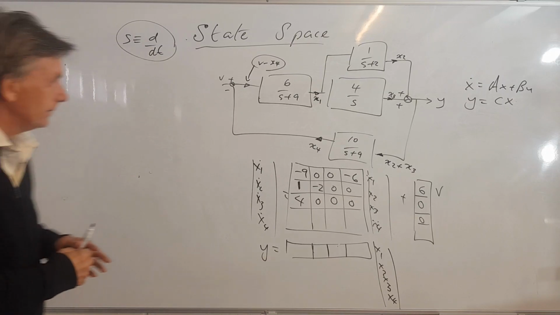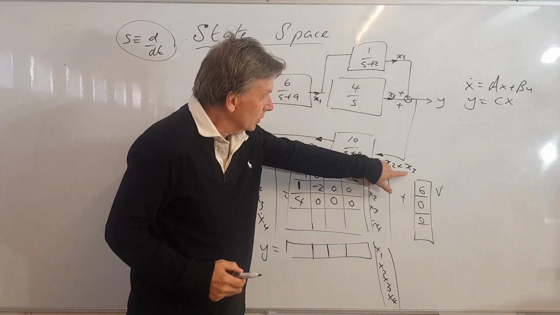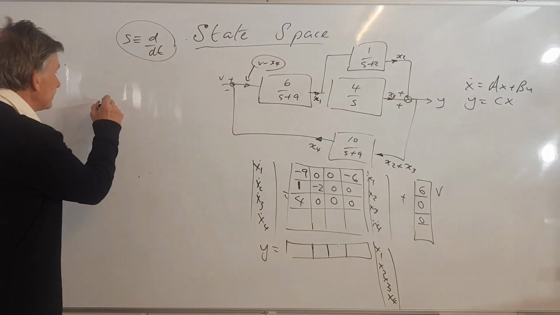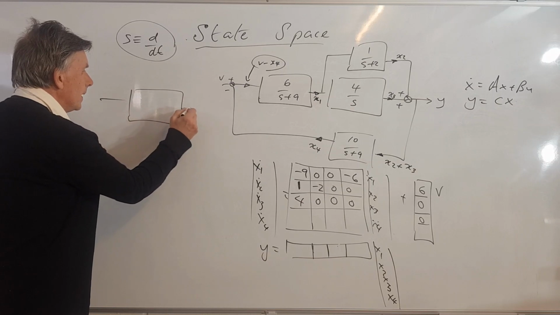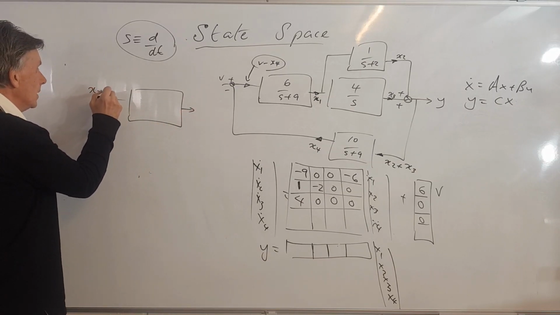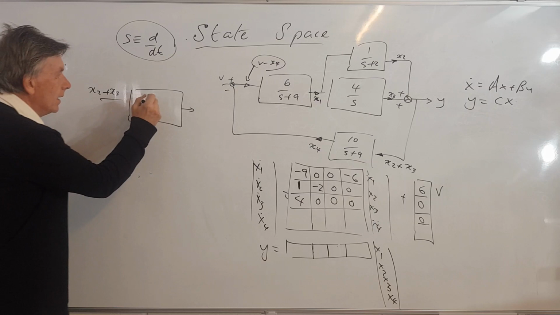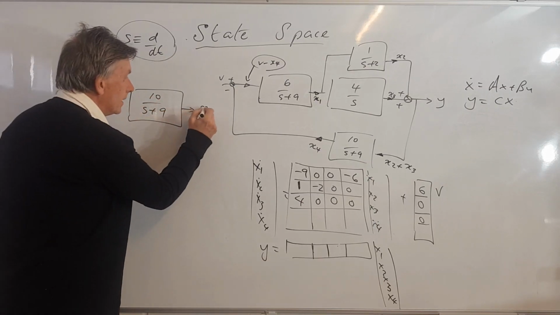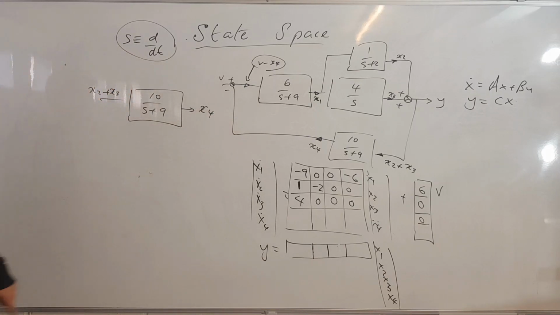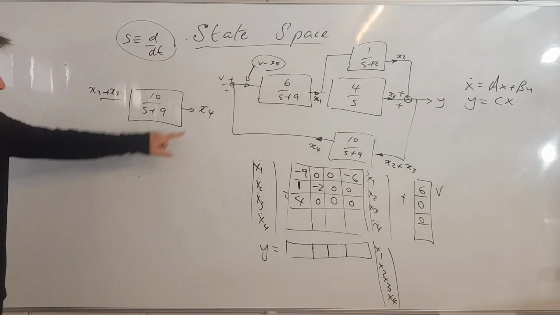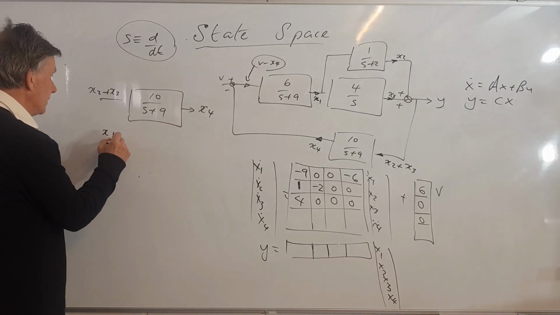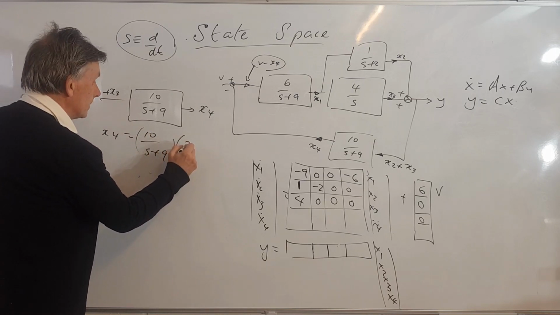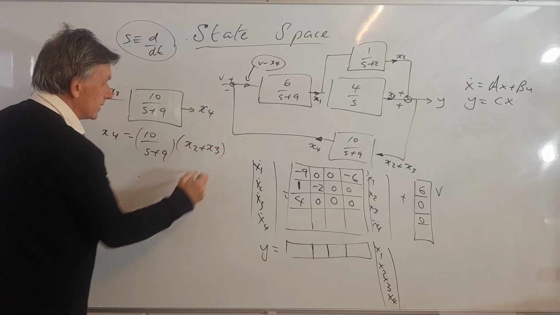Then we have one more to do. This one has got x2 plus x3, these are added together and fed around that way. So I've got a last box now with x2 plus x3 going in, 10 over s plus 9 in the box, and x4 coming out. So x4 now is equal to 10 over s plus 9 times x2 plus x3.